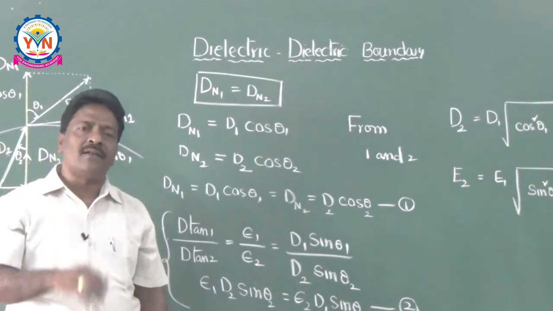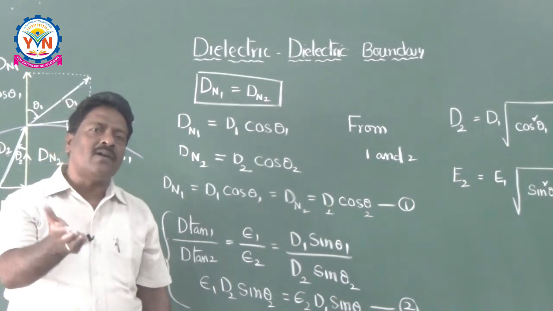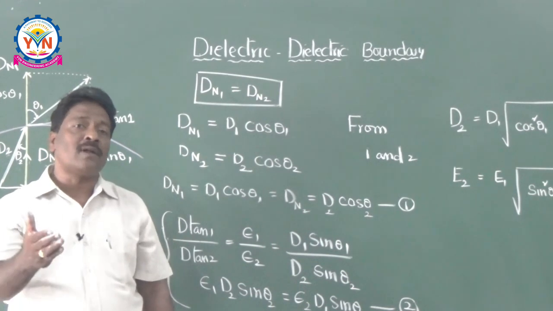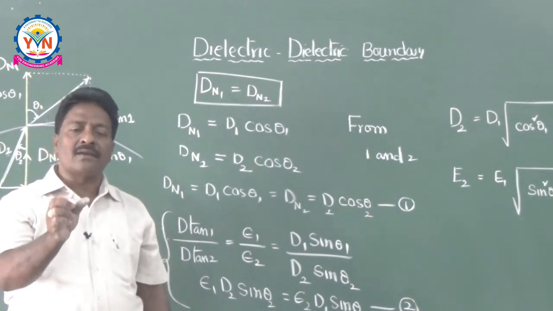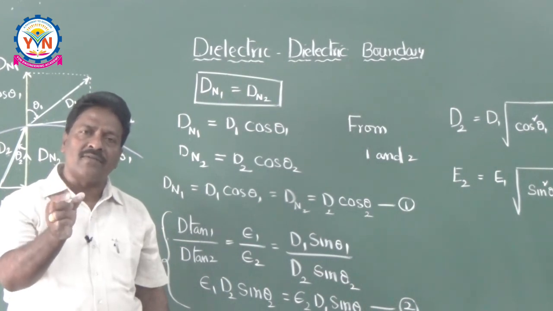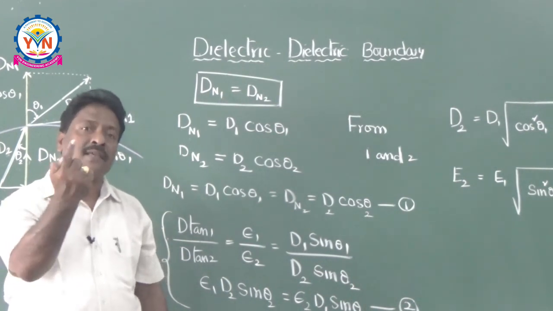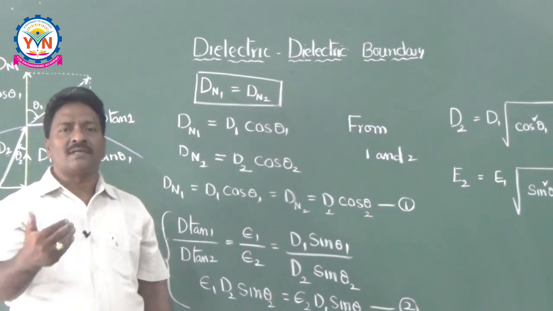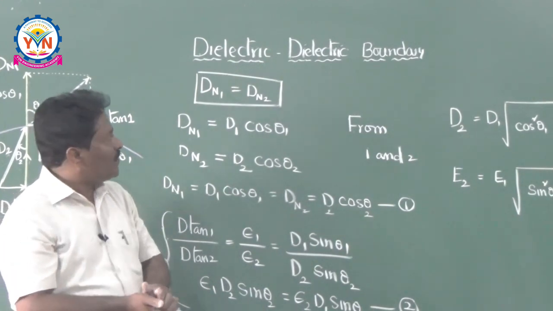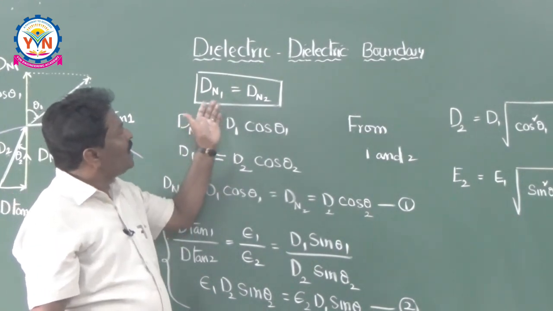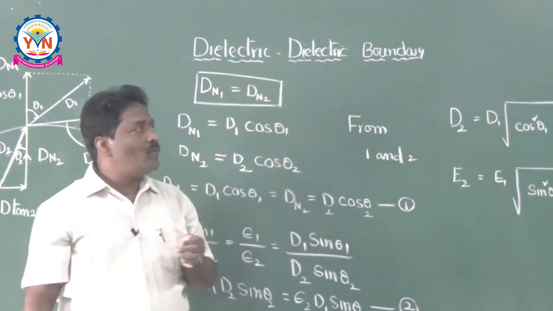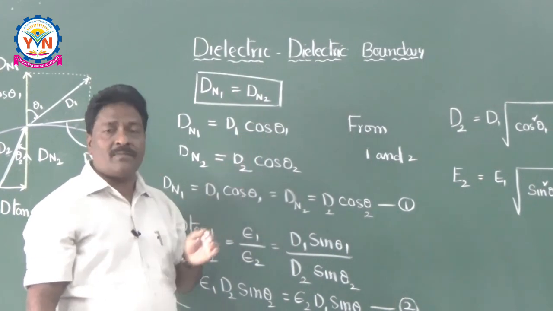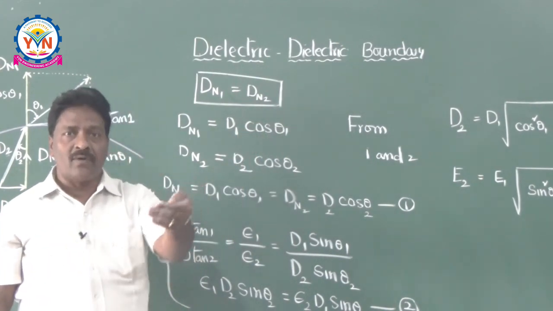The discontinuous components are the tangential component of D and the normal component of E. These continuous and discontinuous components are already asked in the GATE examination also as a single bit. So try to understand this, and definitely you can do any type of problems in dielectric to dielectric boundary conditions.